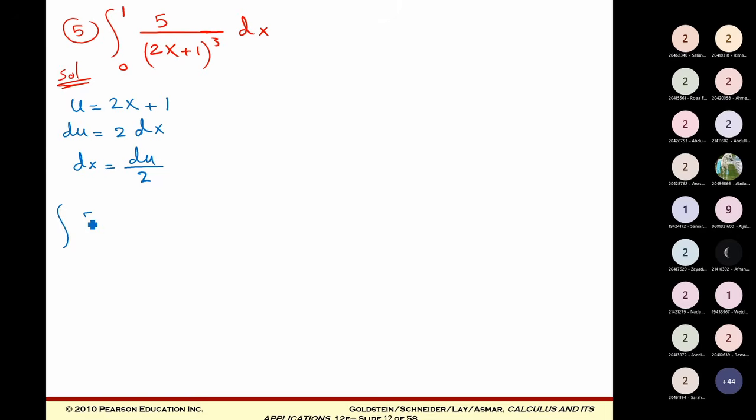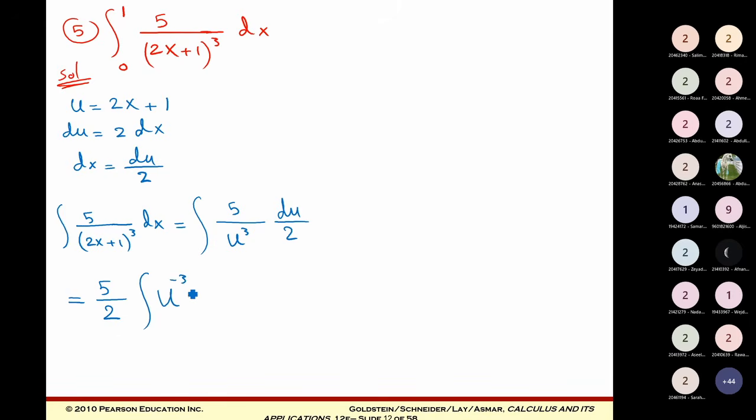Okay, we have 5 over (2x plus 1) all to the power 3 dx. This is equal to 5 over u to the power 3, and dx equals du over 2. Now we have 5 over 2 outside the integration, and we have u to the power negative 3 du.